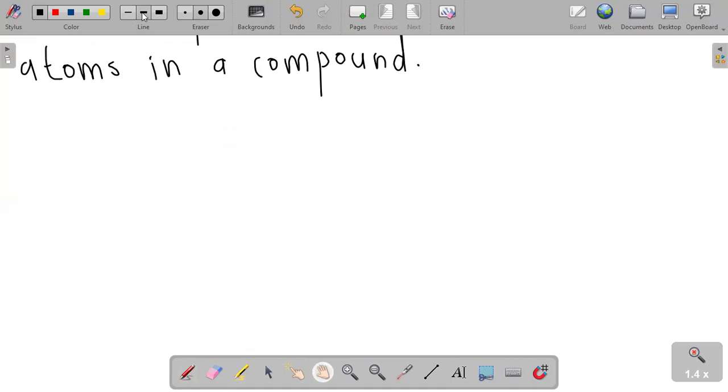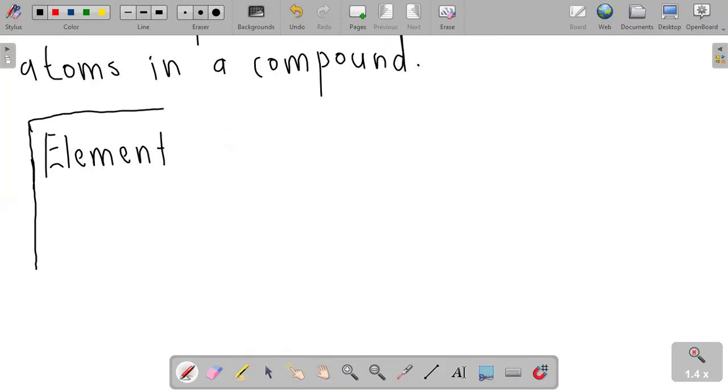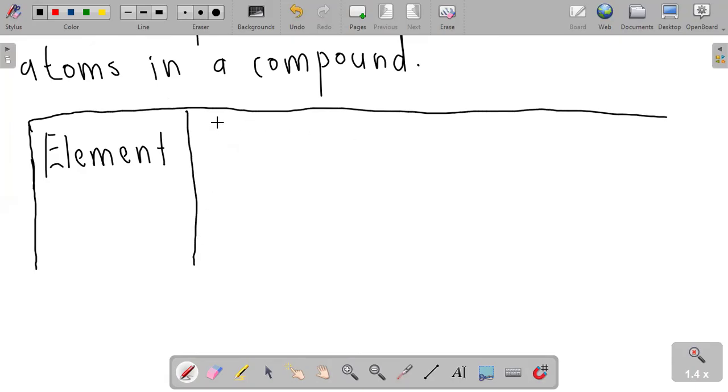We have a table that we use to determine the empirical formula, and the table has 4 columns. The columns are as follows: the element, the first one, and then there is G over 100G, where the percentages go.